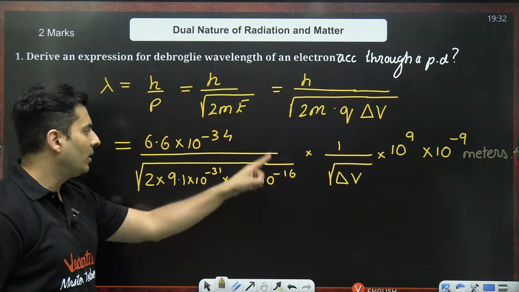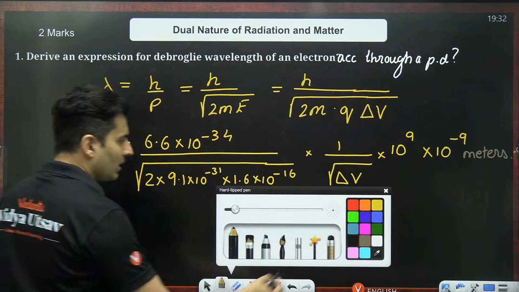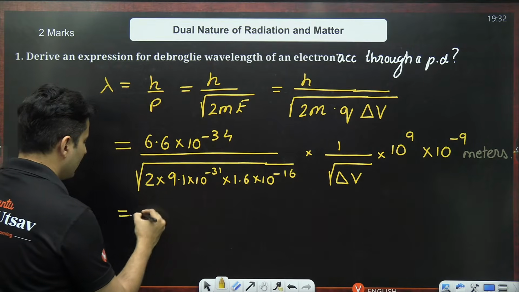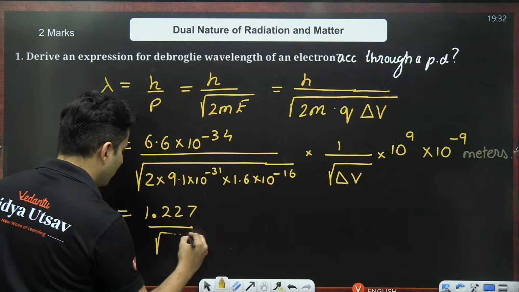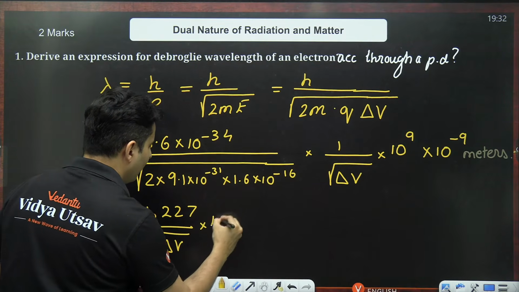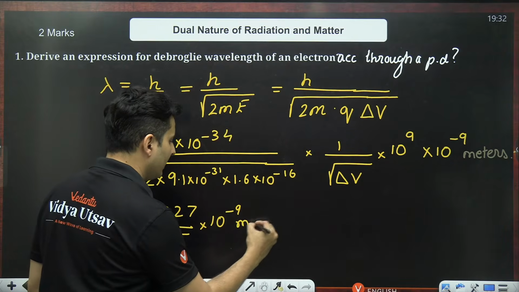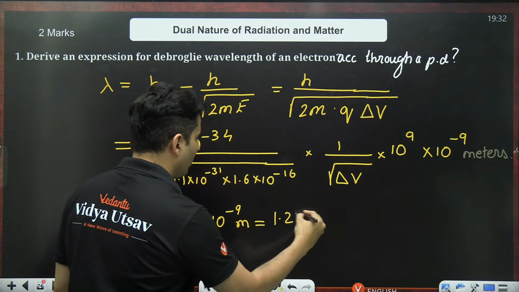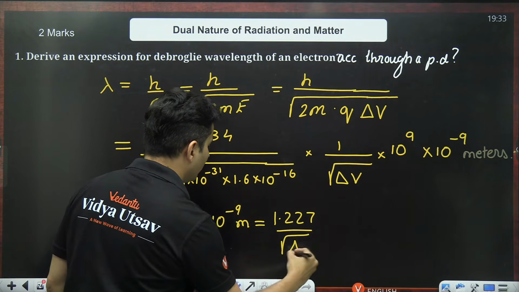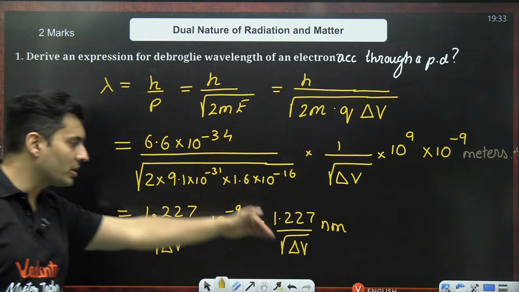Now, when you calculate all these numbers and you also multiply 10 to the power 9, the number that you finally get is 1.227. This root delta V will be there, and 10 to the power minus 9 is still remaining, and this is in meters. But 10 to the power minus 9 is nano, so this will become 1.227 by root of delta V. This is nanometers. That is how you should write down the steps.